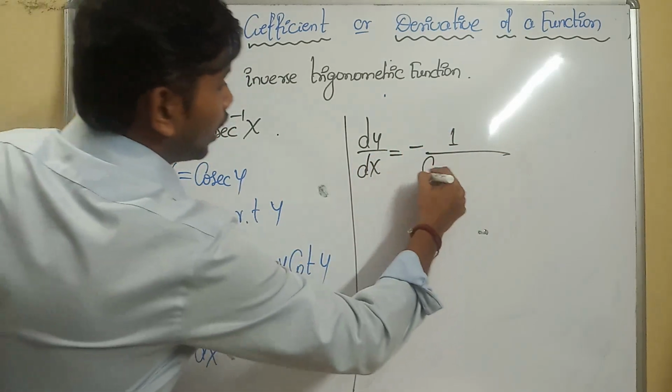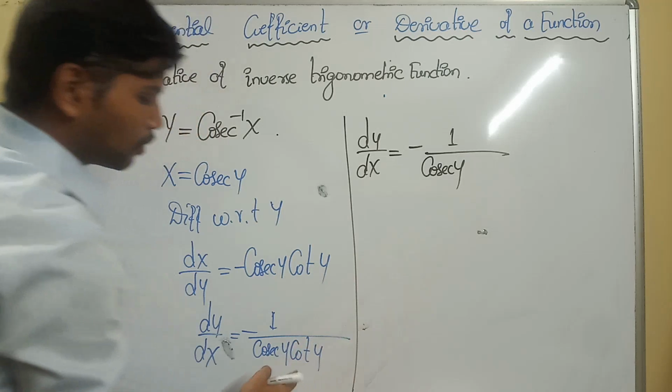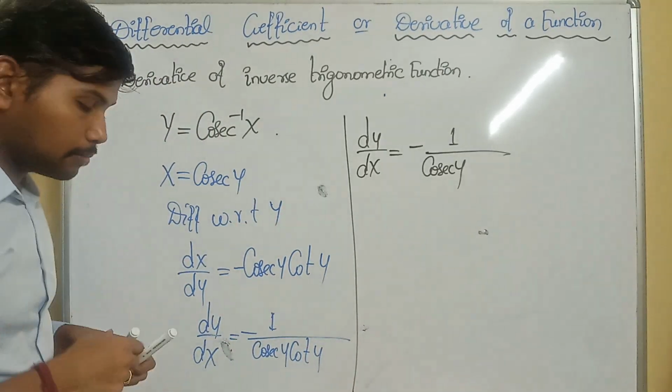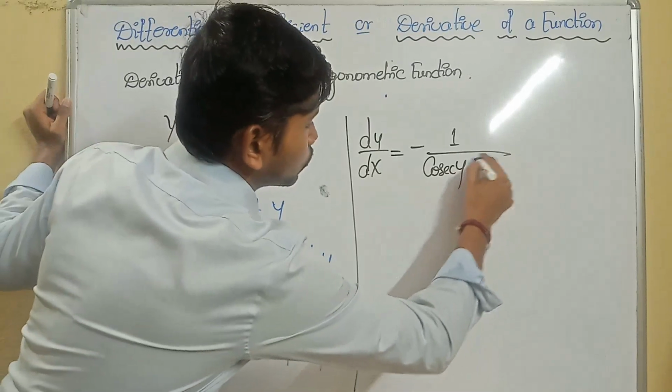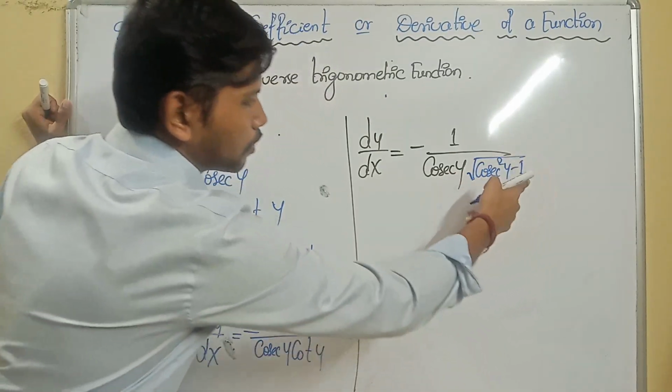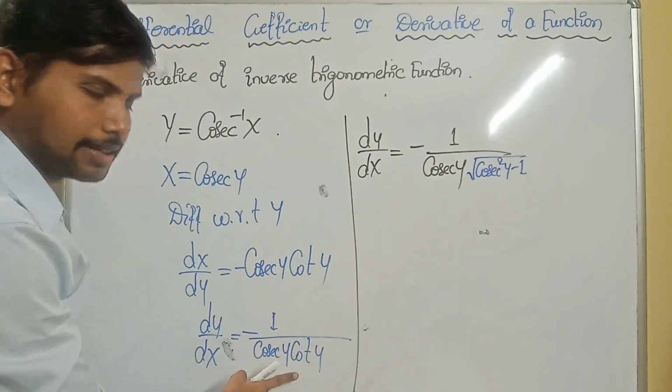Then dy by dx is equal to minus 1 divided by cosecant as it is. How to write cot in terms of cosecant? 1 plus cot square is cosecant square, so it is the square root of cosecant square y minus 1. Cosecant square minus 1 is cot square. Square root and square cancel, cot y.